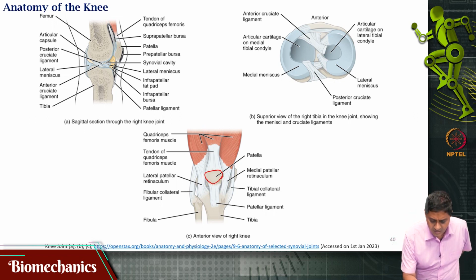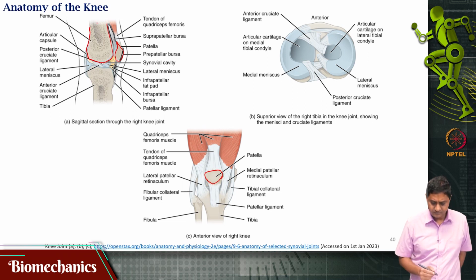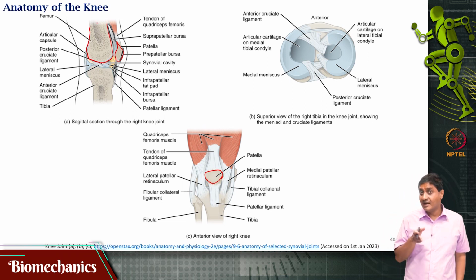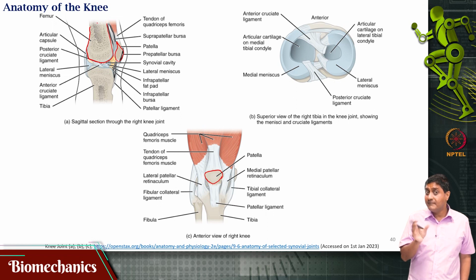Here is a view of the patellar bone. This is the sagittal view of the patellar bone, and this is the femur. Because this is a sagittal view, I will not be able to look at the medial and lateral epicondyles or the medial and lateral condyles of the femur in this case.